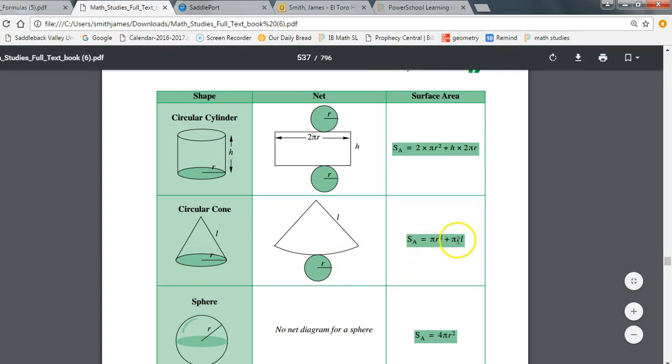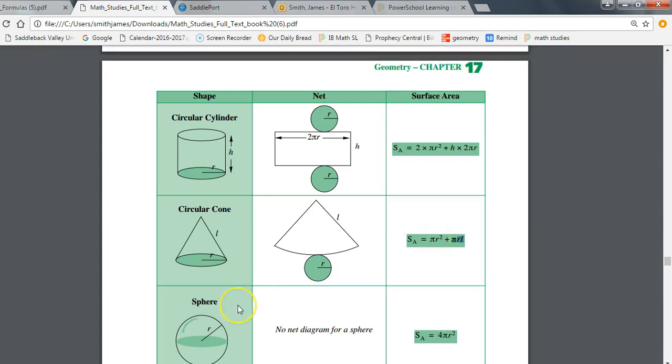So this is actually a good representation of the total surface area. Your book just gives you the pi r l, that's the curved surface, plus we have to add in the base, which is a circle, so pi r squared. So do keep that in mind.